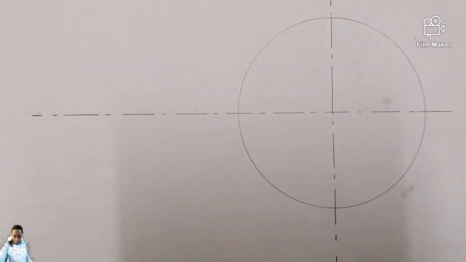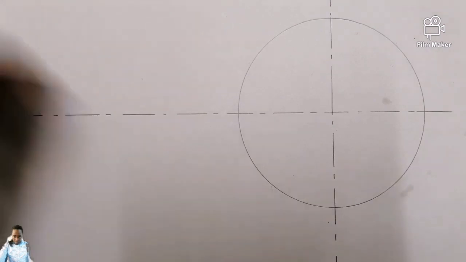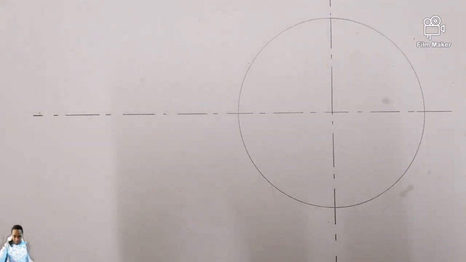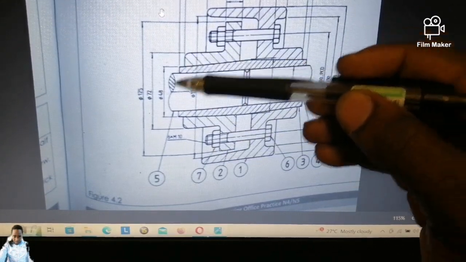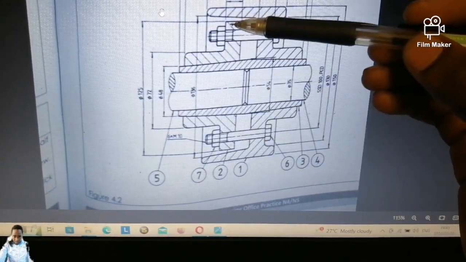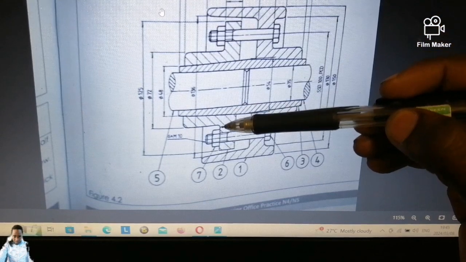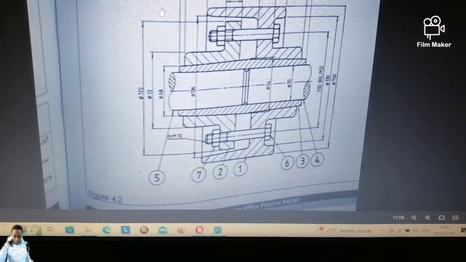Then from there, which one can I follow by? There is a diameter of 72. So from here till here is 72.